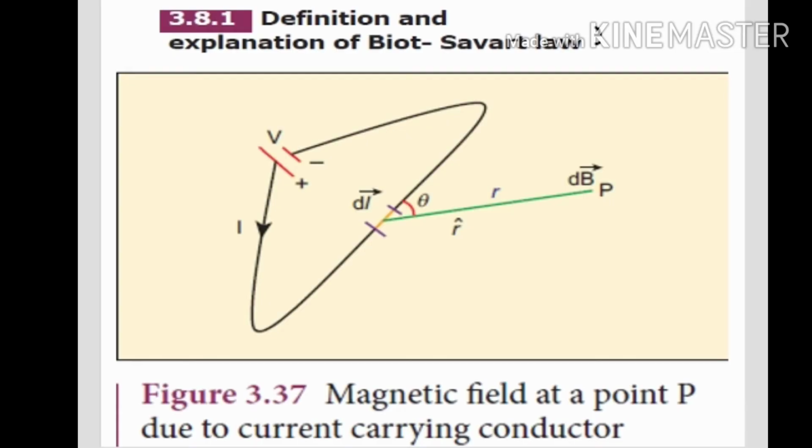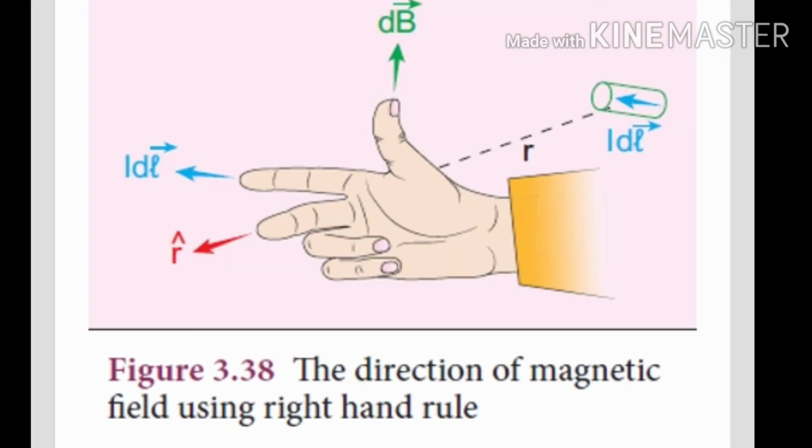Next one is the definition and the explanation of Biot-Savart law. This picture shows the magnetic field at a point P due to the current carrying conductor. This picture shows the direction of magnetic field using the right hand rule.